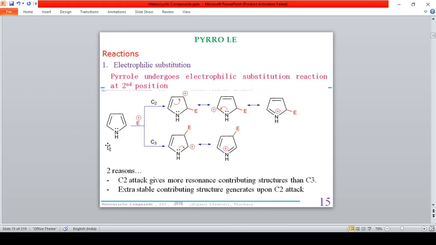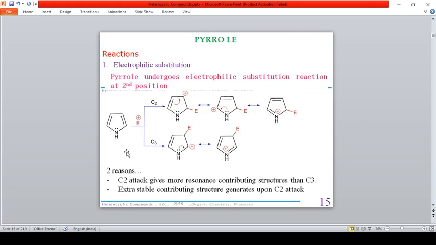So the second position is, this is carbon 2, this is carbon 3. Numbering starts from the nitrogen atom as 1, 2, 3, 4, 5. An alternative way of numbering is 1, 2 and 2 dash, 3 and 3 dash.